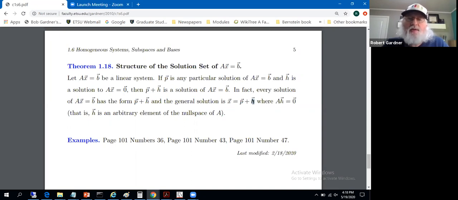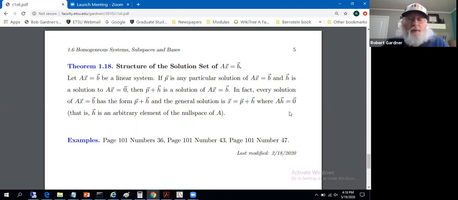We'll illustrate it in a second. Adding every solution to the homogeneous system. In other words, adding every vector from the null space of A. Solution to a homogeneous system, element of the null space. Same thing. That's what the null space was. The vector space of all solutions to the homogeneous system of equations, Ax equals 0.